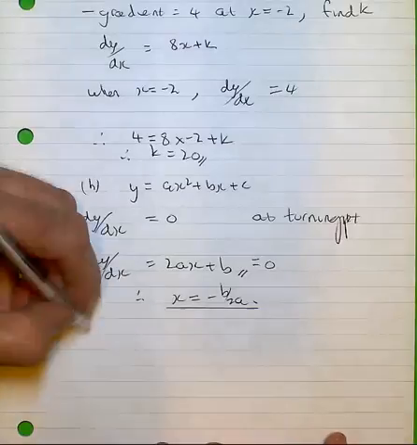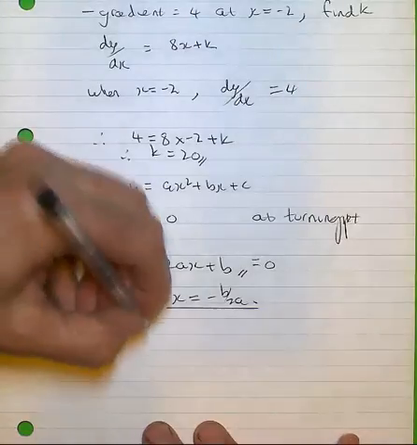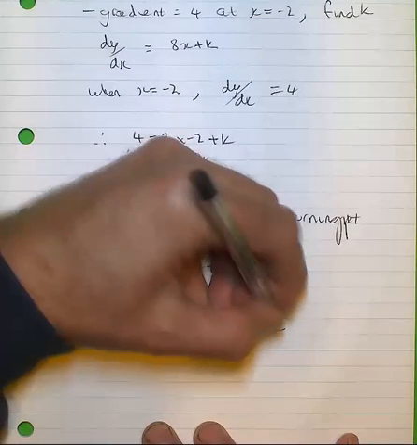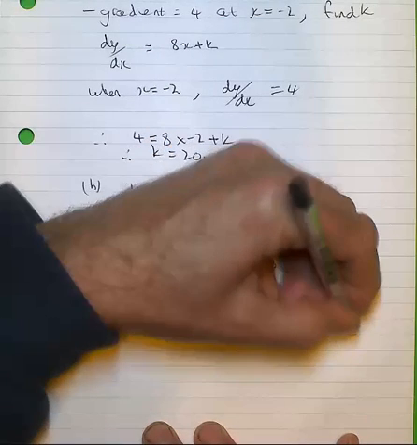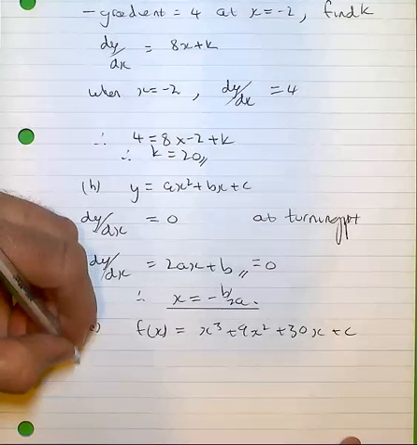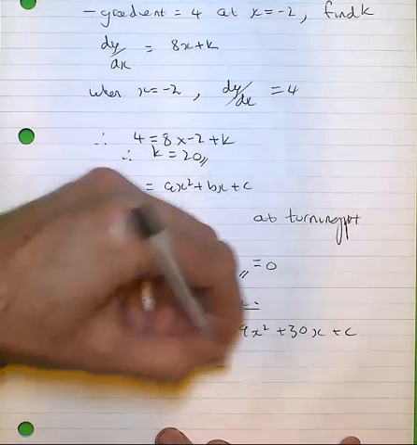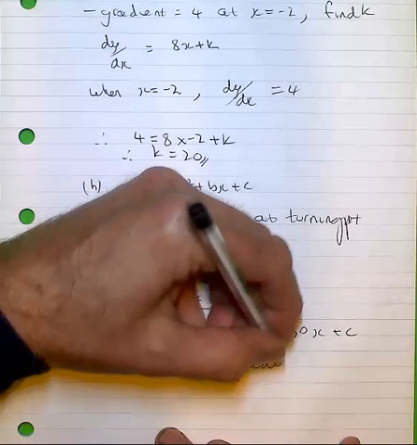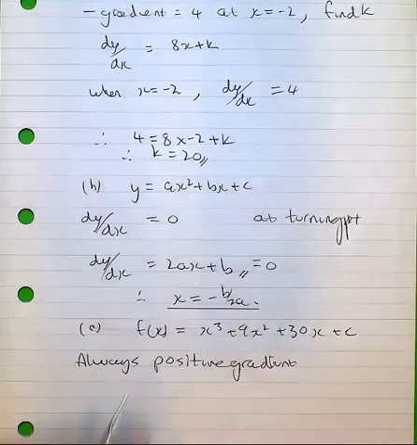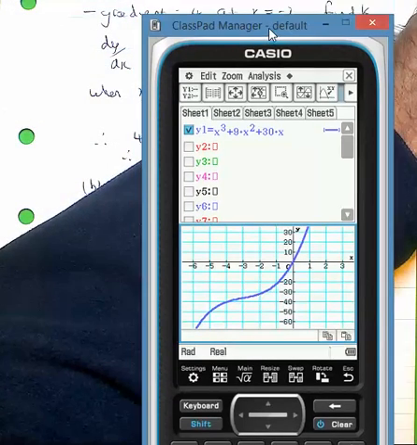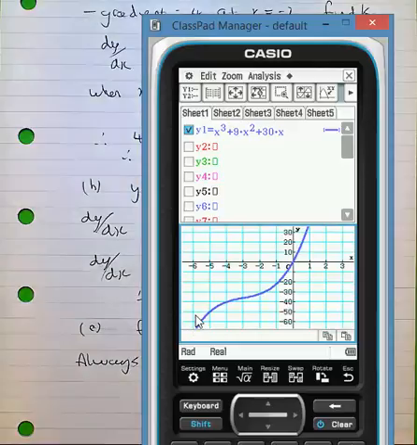Now, when it comes to C, this is a question that is best looked at firstly via your graphics calculator. It suggests it always has a positive gradient. So we have a look at the graph there. You'll notice that the gradient goes from positive to 0 to positive there.